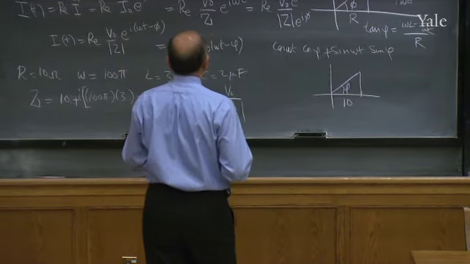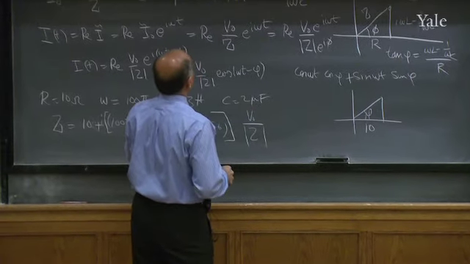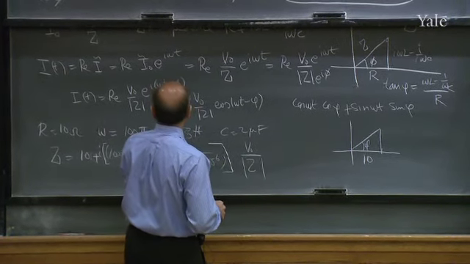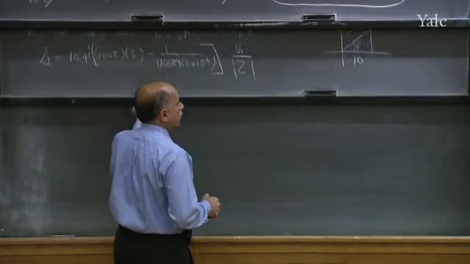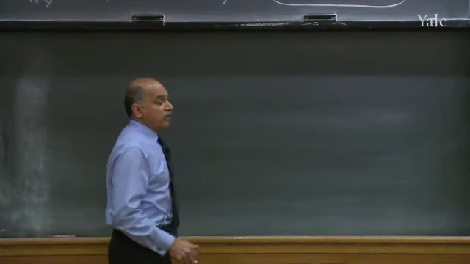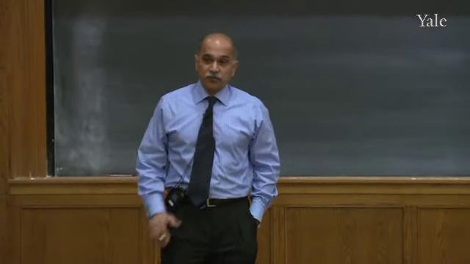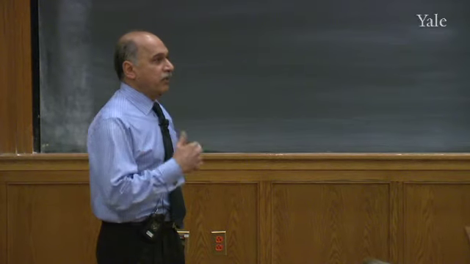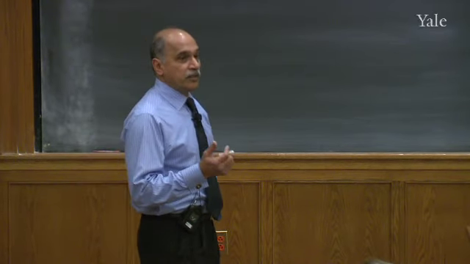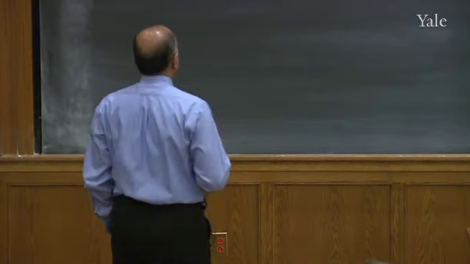Now I'm going to give you one counterexample, where this rule about taking the real part at the end of the day fails. So far the rule was do everything with a complex quantity, and at the end of the day, when you found something, you take the real part. Here is a place where it does not work.